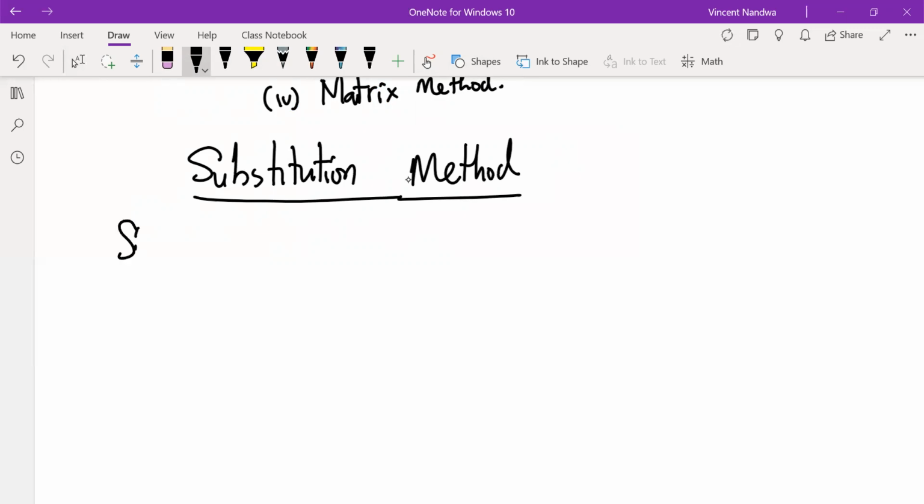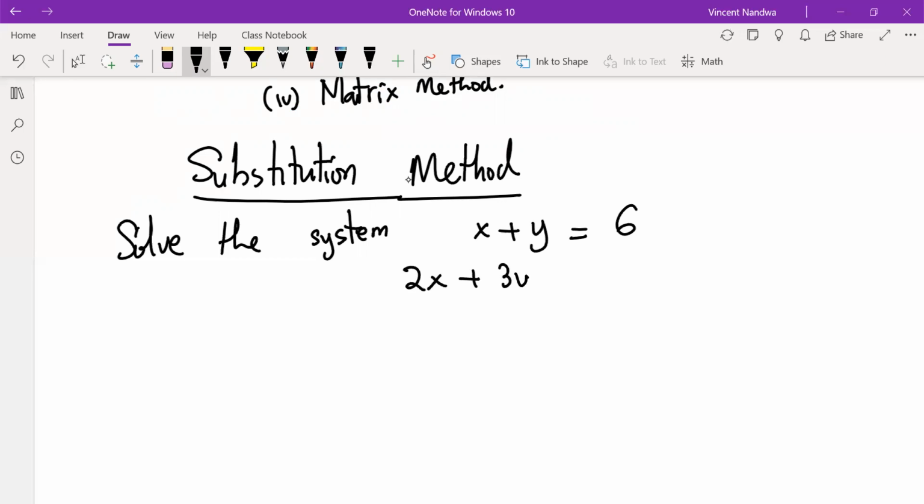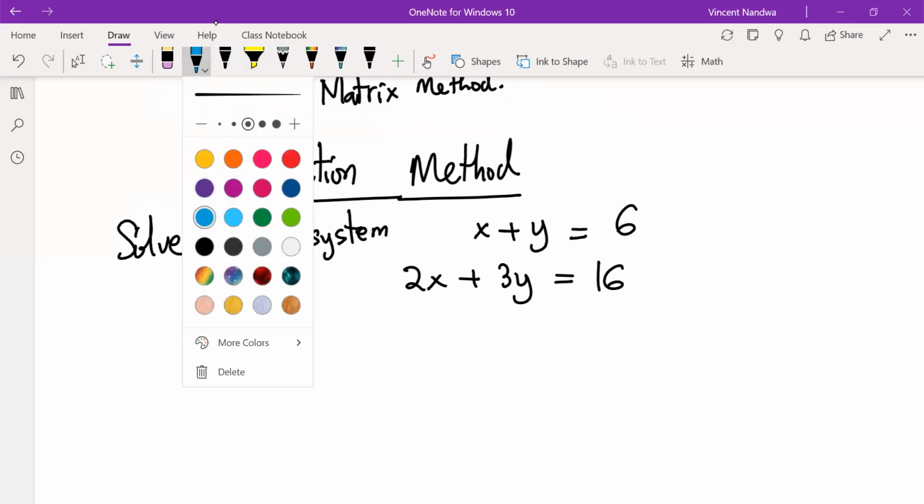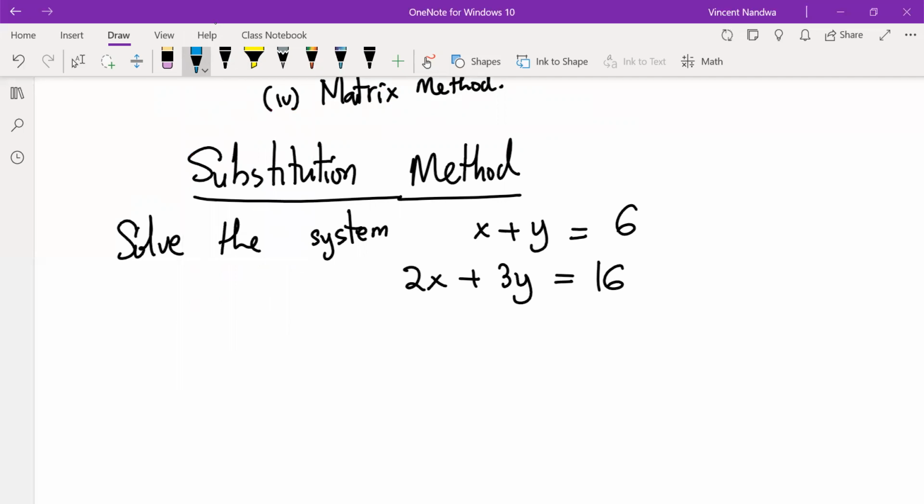So solve the system x plus y equals 6, 2x plus 3y equals 16. Now to solve simultaneous linear equations by substitution method simply means pick one of the equations and express one unknown in terms of the other.